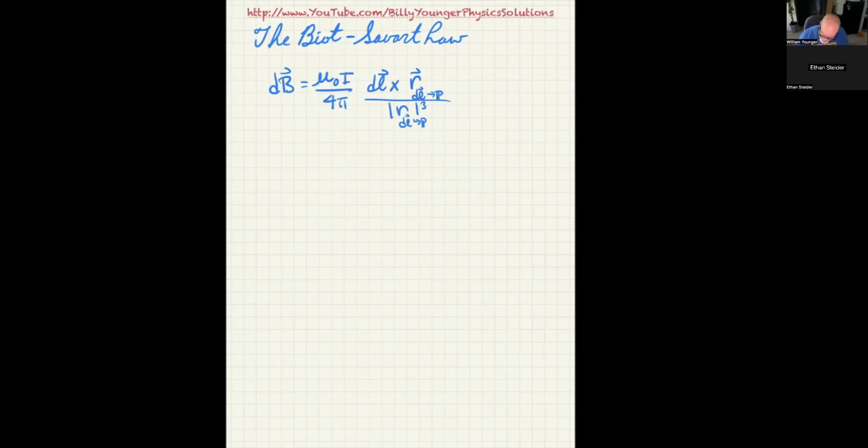Now, let me show you in a diagram what we mean by this. So if you imagined a current I coming out of here, then you might imagine, for instance, a dl vector, which is tangent to the wire at a particular point. And then you also might imagine there's a spot in space where you want to know exactly what the magnetic field is.